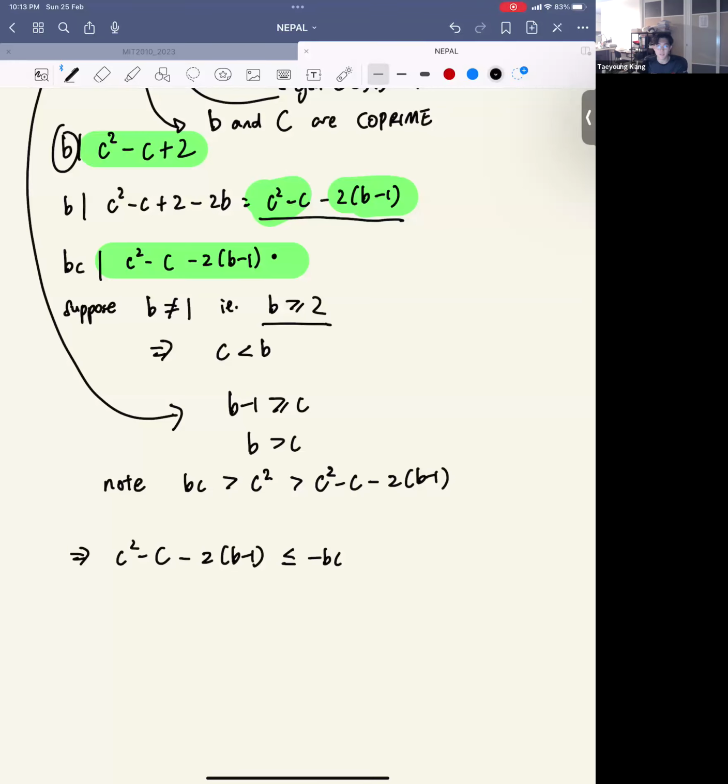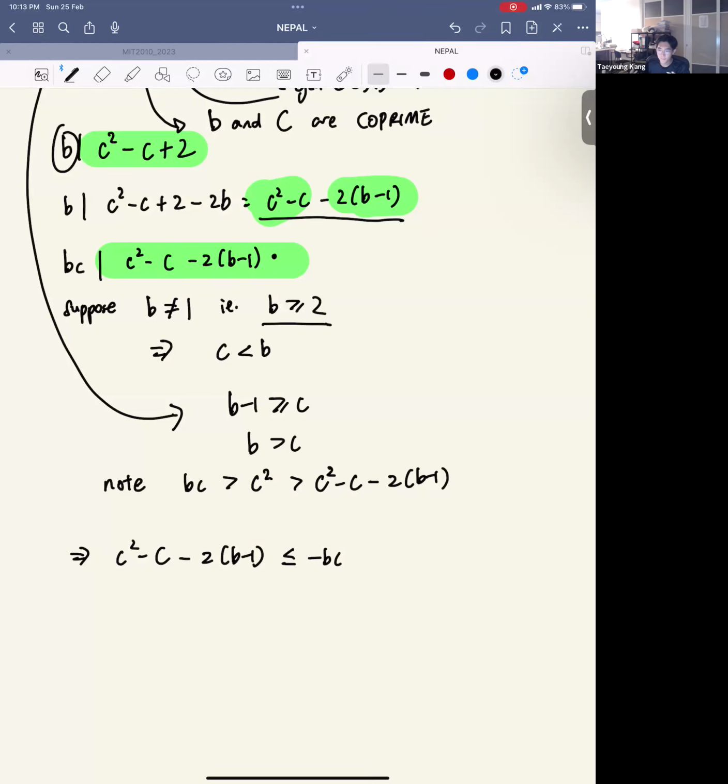Because this is a possibility. Wait, no. It would eventually lead to that, but we need to show that negative numbers do not work first. Okay, so in order for it to be negative, this must be true. But then, can this even be true in the first place?